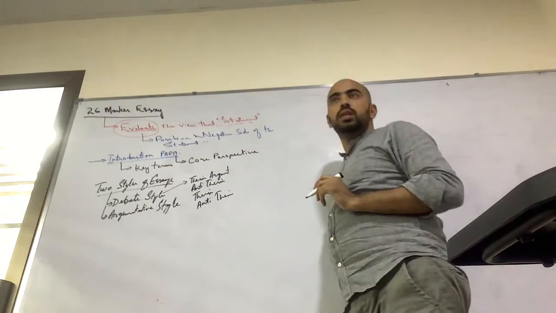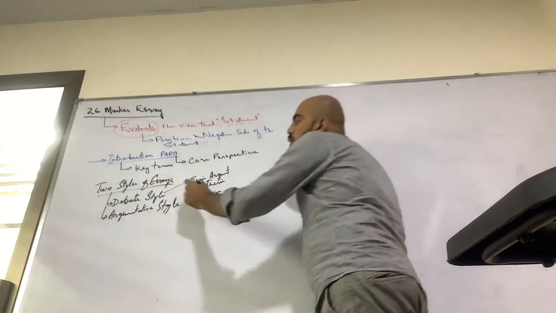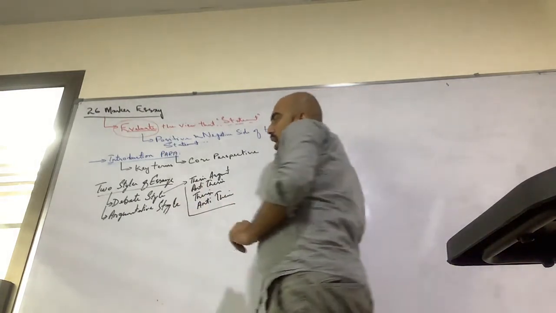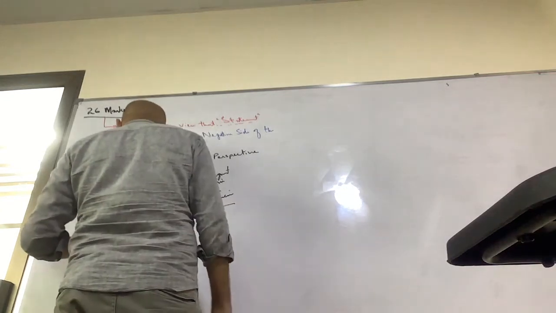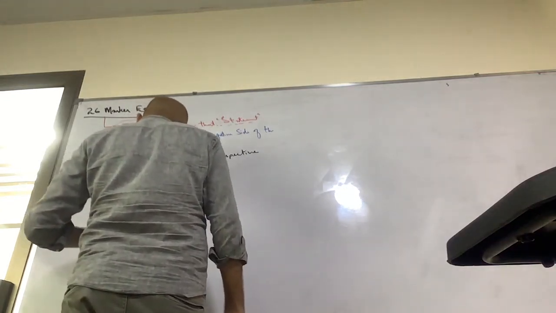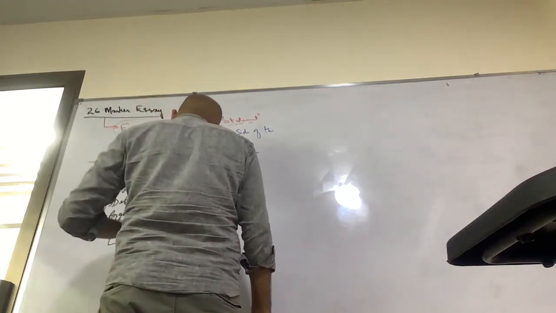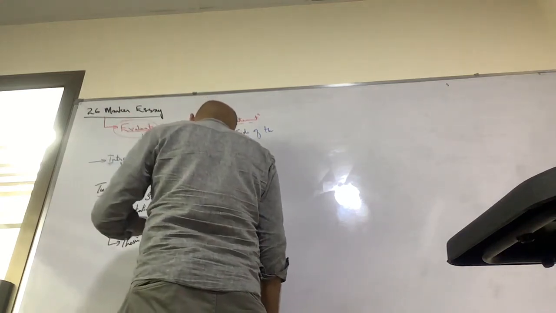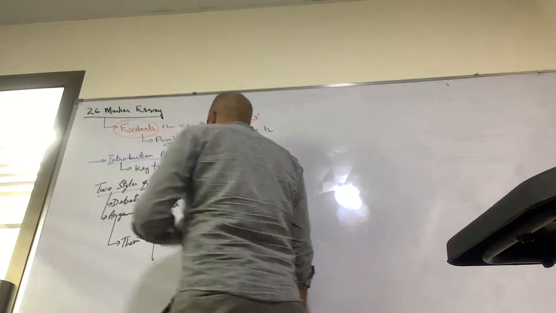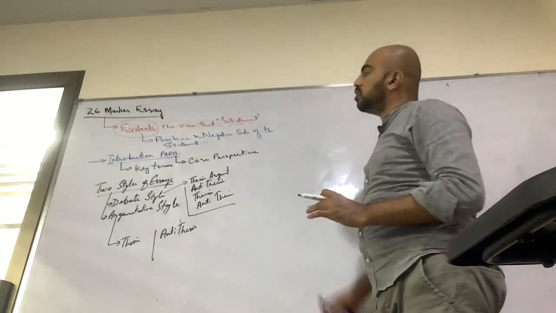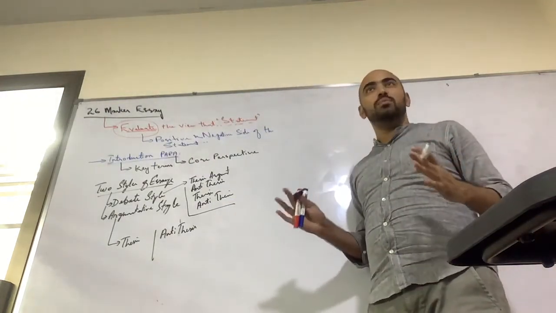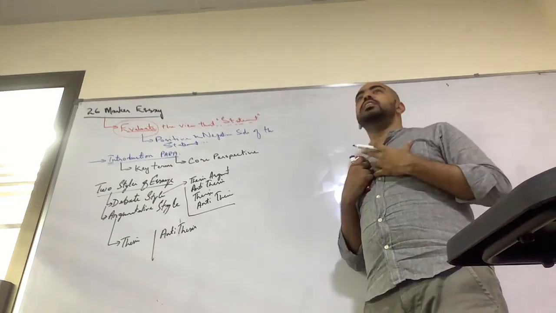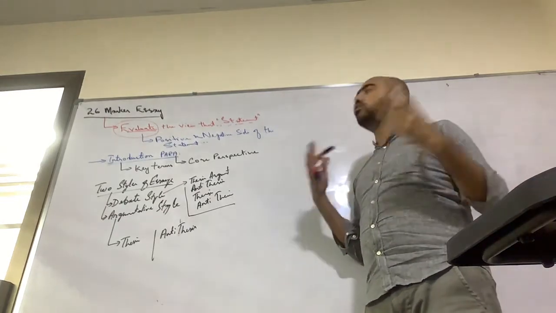Argumentative style stands for thesis on one side and antithesis on the other side. But the pattern I am going to tell you today is a combination of both styles. I recommend the combination of both style patterns.